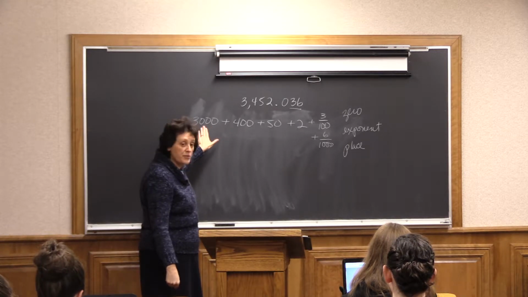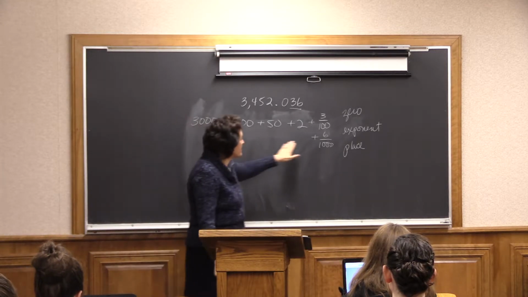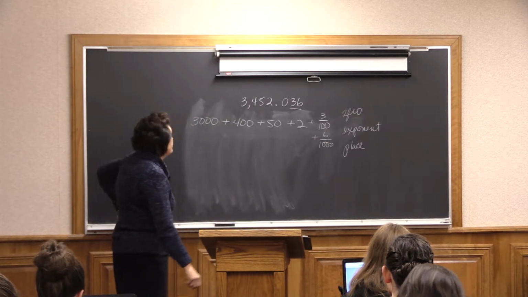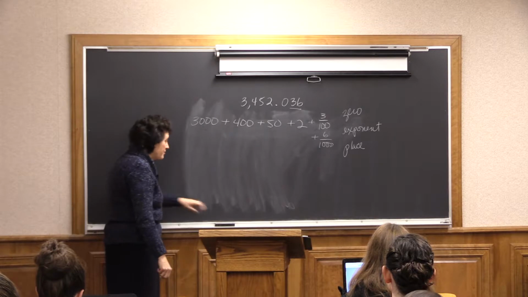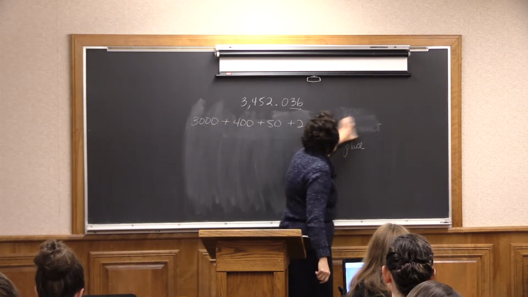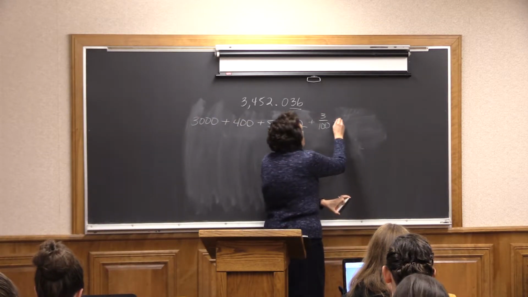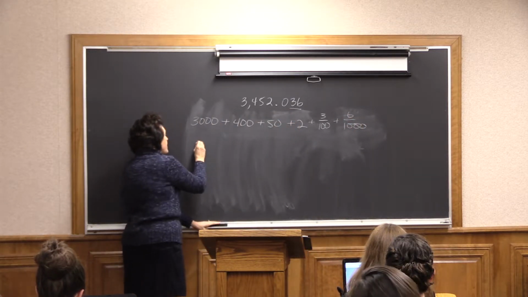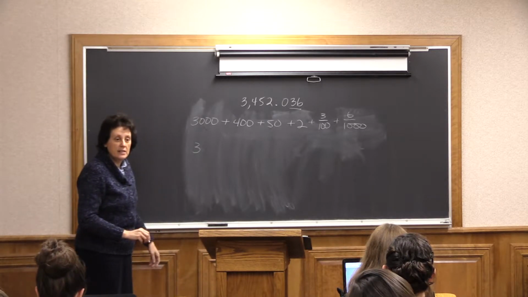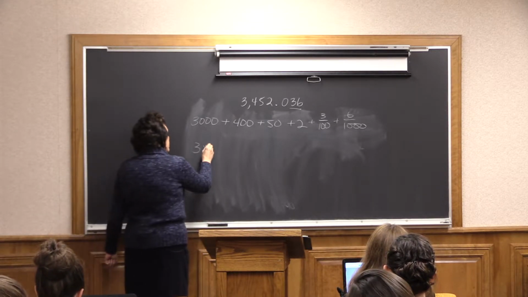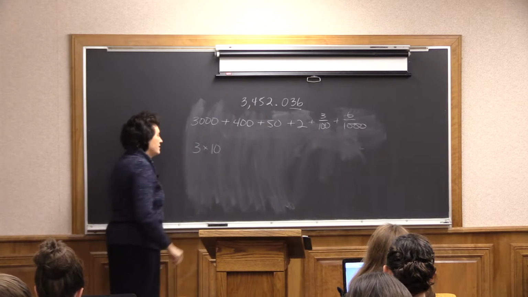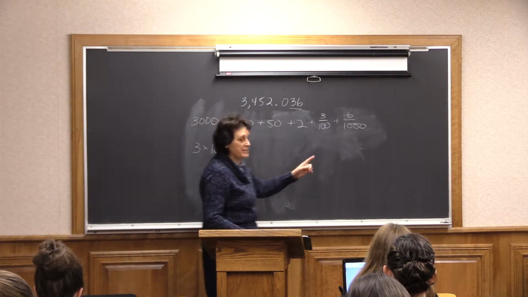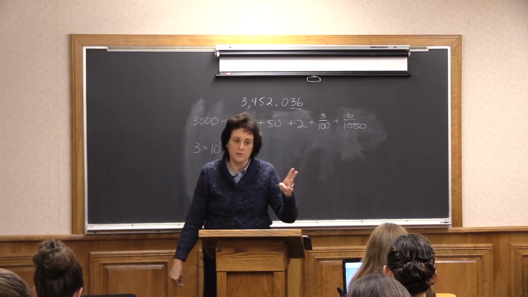The first 3 has a value of 3,000. The second 3 has a value of 3 hundredths. Then we can also write this in exponent form. In exponent form, what's the value of this 3? Yes, 10 to the third power. Remember, we're dealing with the zero exponent place rule.